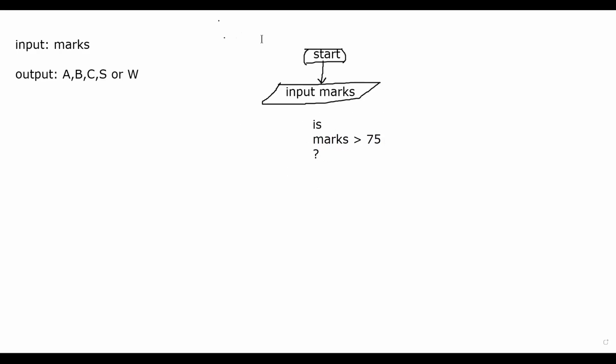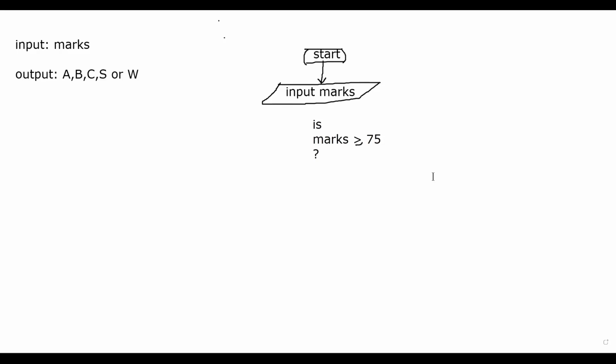So there are two answers. You have to check whether it's greater than or equal to 75. If that is the case, we know that we can print, or we can display, right? We can use display as well.